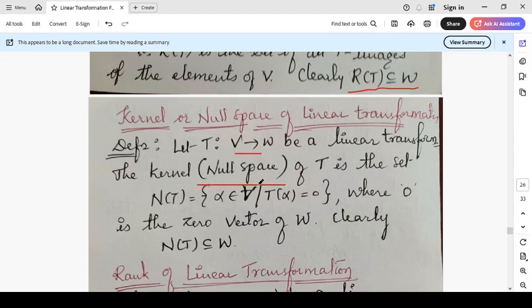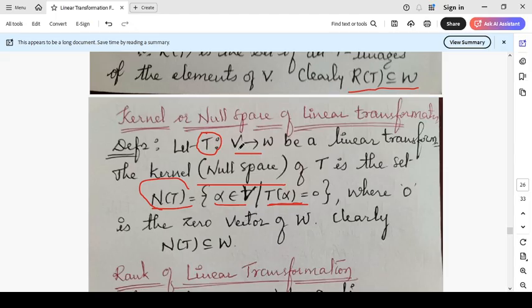The kernel or null space, we denote it as N of T, and we define it in mathematical form as the set of alpha such that T of alpha is equal to 0, where alpha belongs to V.